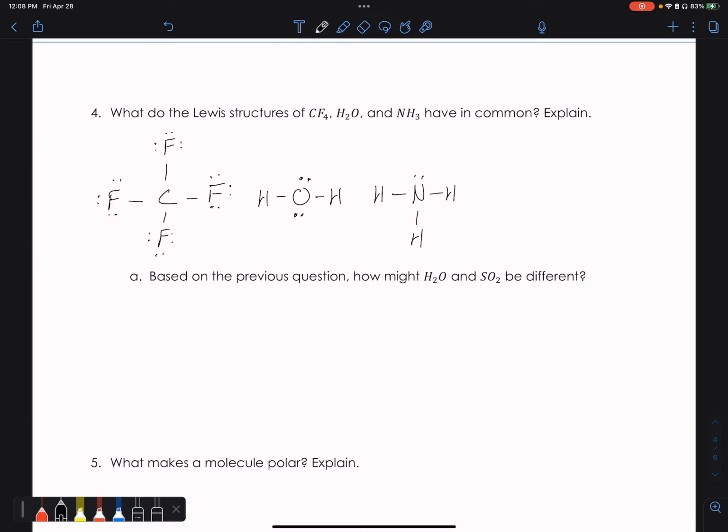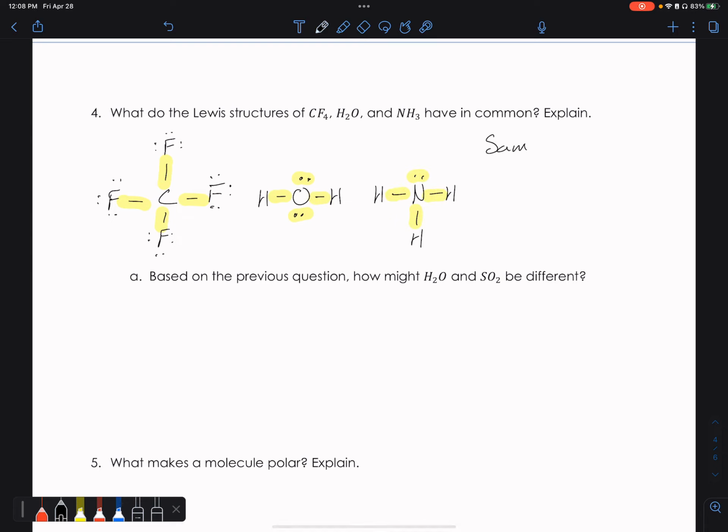So what do they all have in common? They don't all have the same elements. They don't all have the same number of bonds. But if you were to look at the table for figuring out the shapes, these would all fall into the same category of having 4 electron groups. So 1, 2, 3, 4, 1, 2, 3, 4, 1, 2, 3, 4.